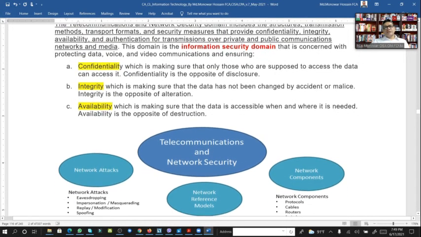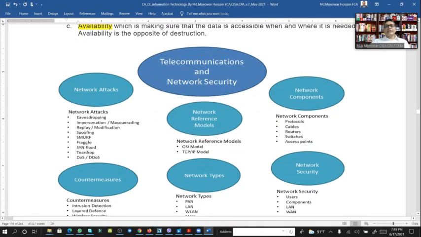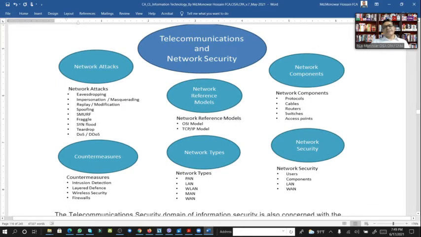So this way, telecommunication network security can be measured. A network can be attacked, for example through eavesdropping, impersonation, and so on.